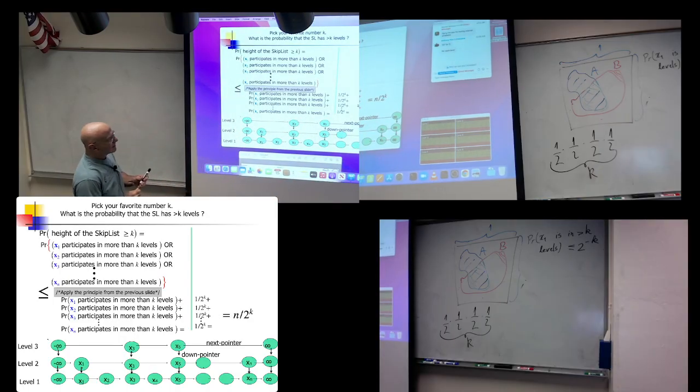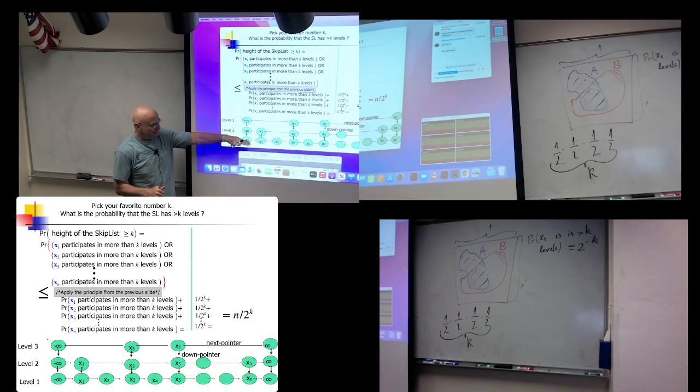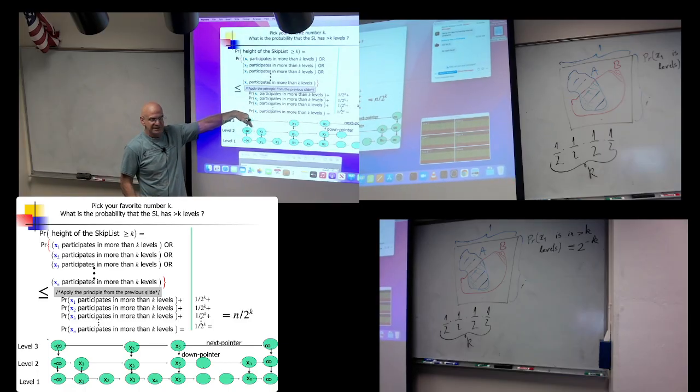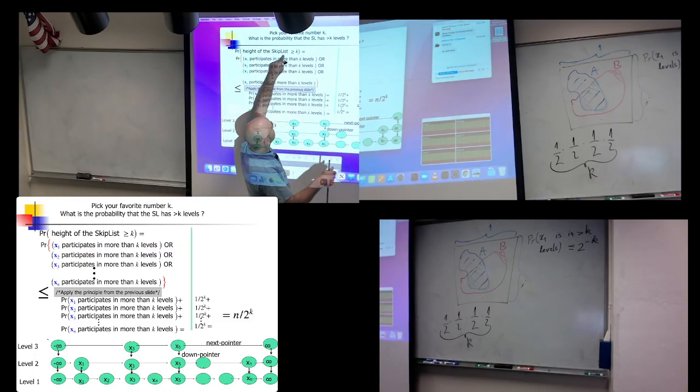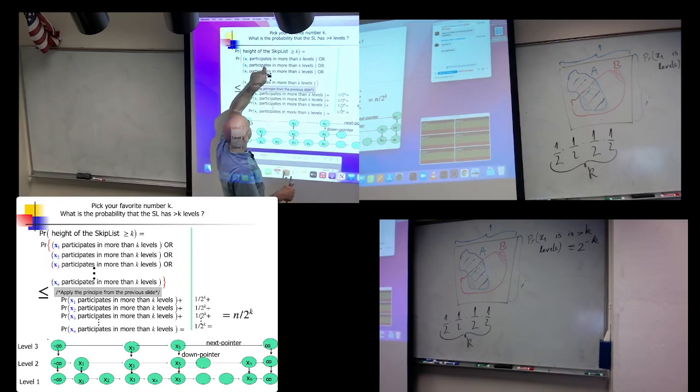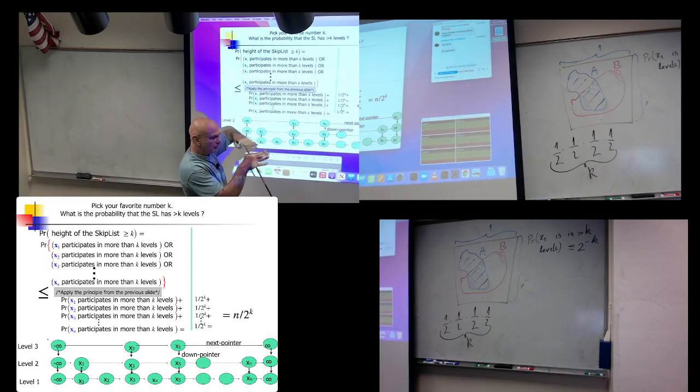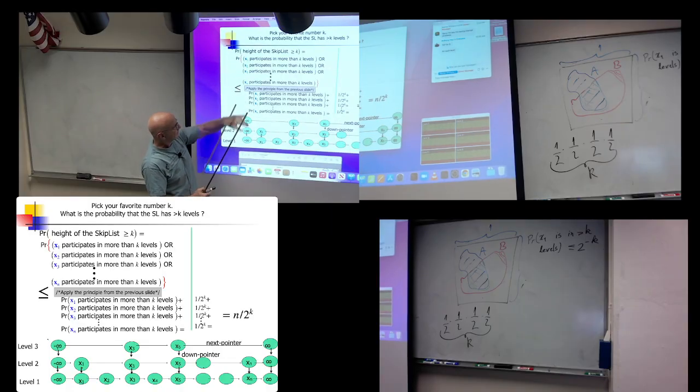Now I ask you, what is the probability that at least one of them decided to be in so many levels? It's either x1, or x2, or x3, or maybe two of them, or maybe three of them. But as we saw in the previous slide, I can just sum up the probabilities.